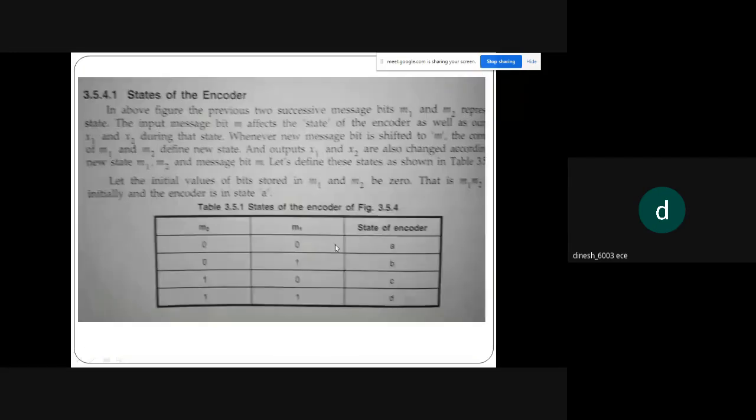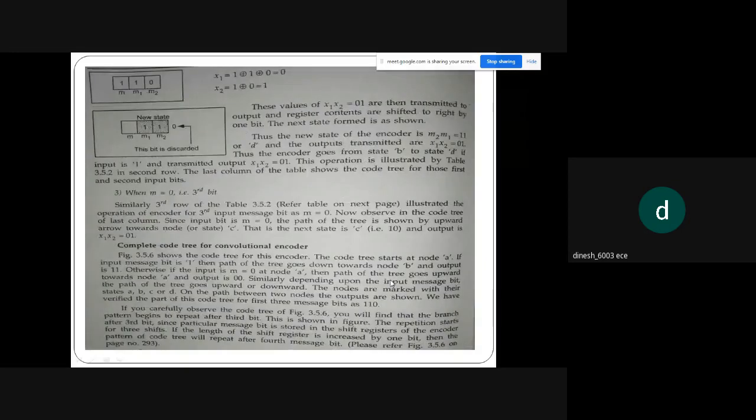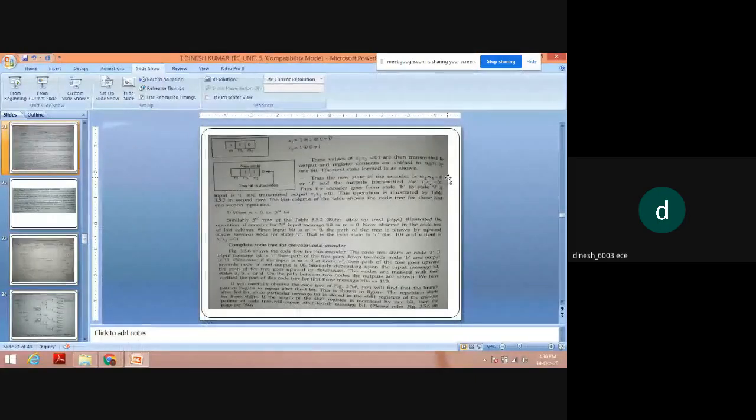When you do right shifting, it will become 1 0. So which is the state of C? You can see the state of C here also: M1 will be 0, M2 will be 1, so the state of C will appear. With all these things, we'll be drawing a complete code tree.